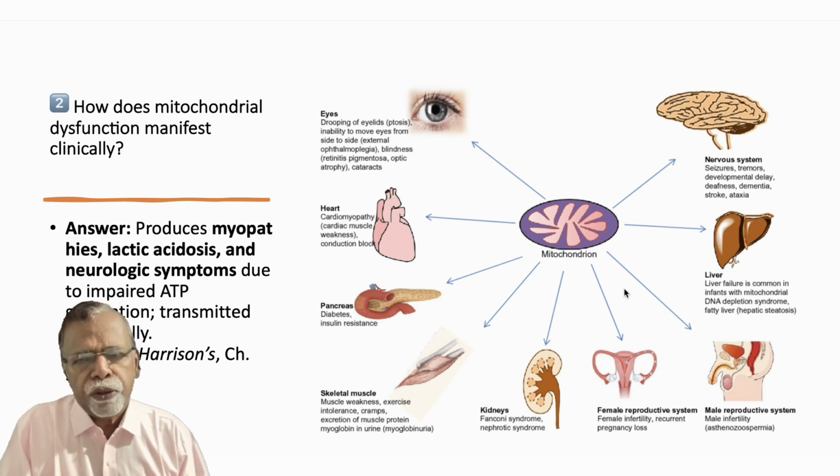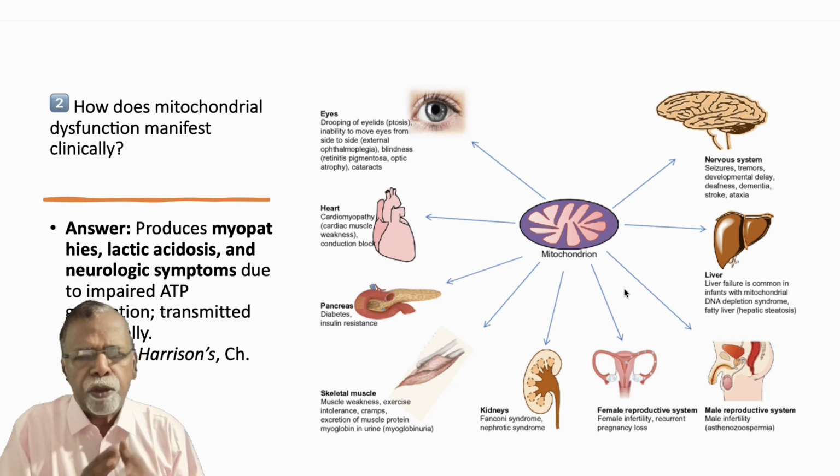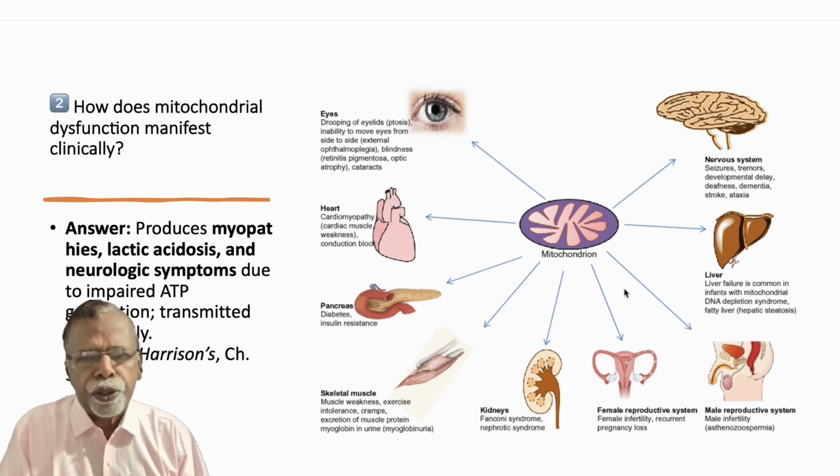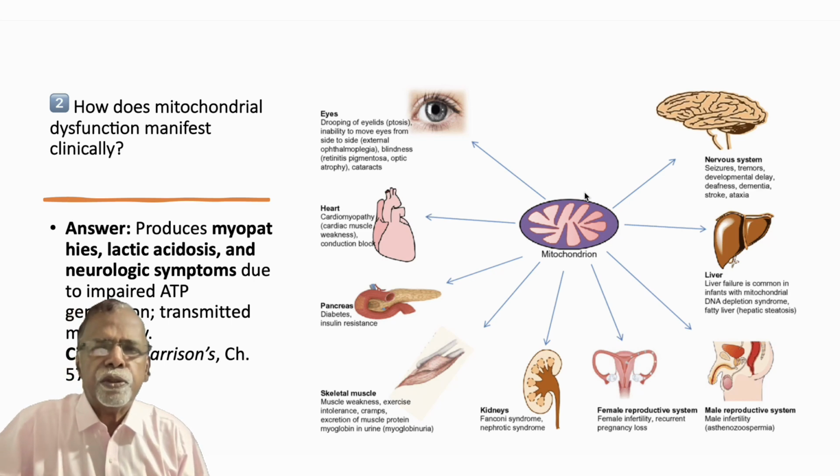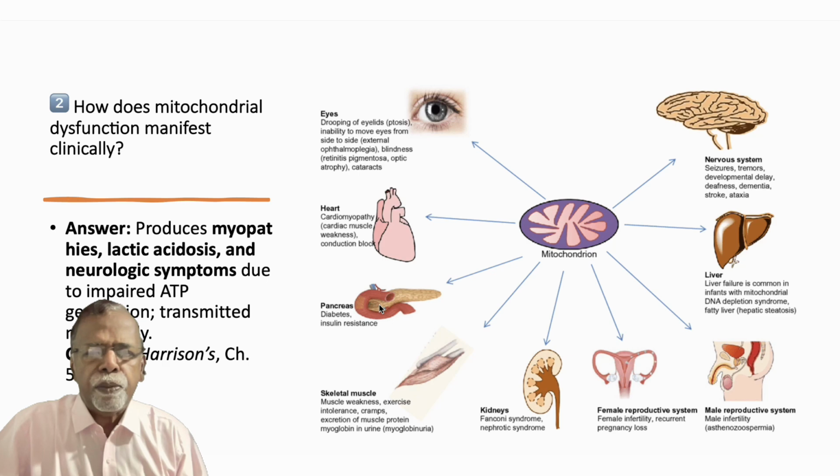What is the importance of mitochondrial function? Mitochondria is the powerhouse. 90% of the energy is obtained through mitochondrial beta oxidation and other processes, and dysfunction produces disorders in all the organs. It can produce disorders of the eyes, heart, pancreas, skeletal muscle, kidneys, so all the organs.